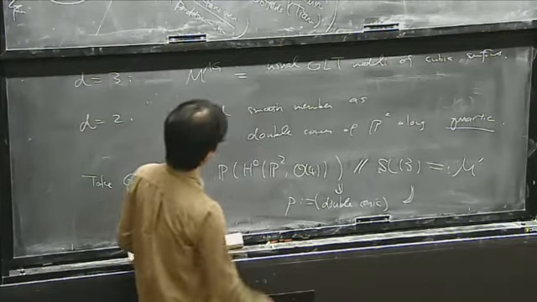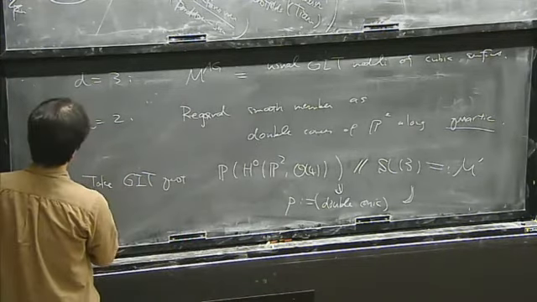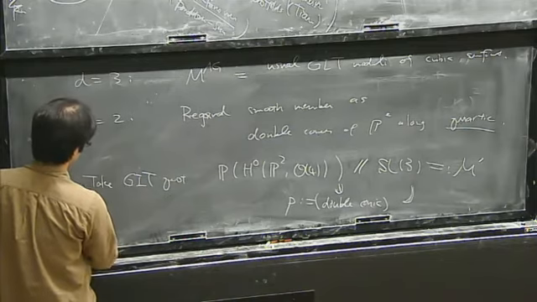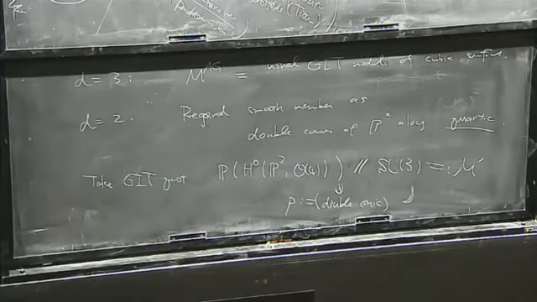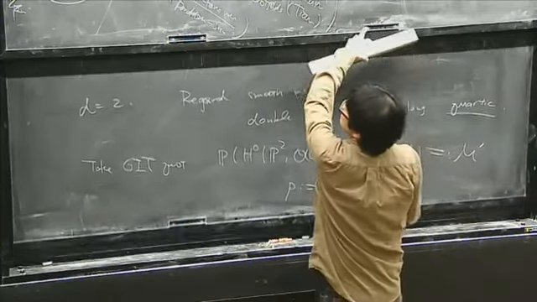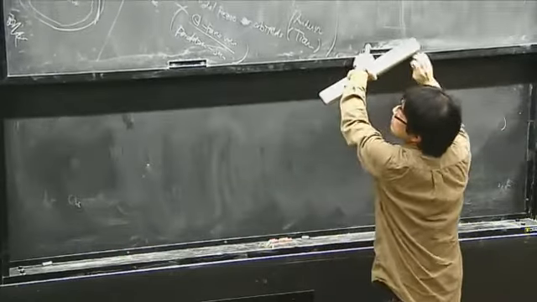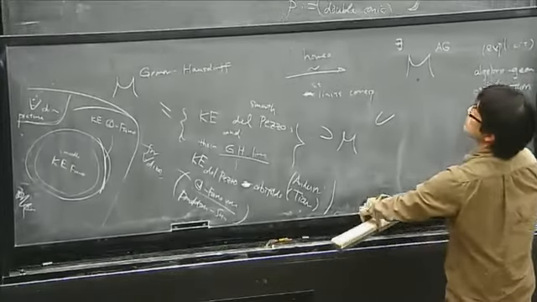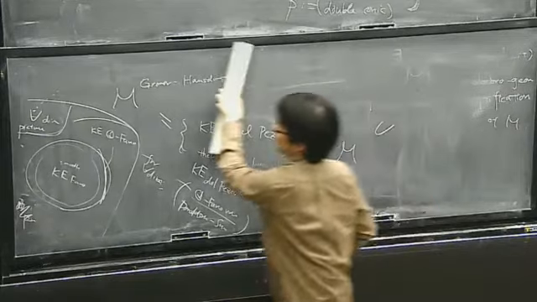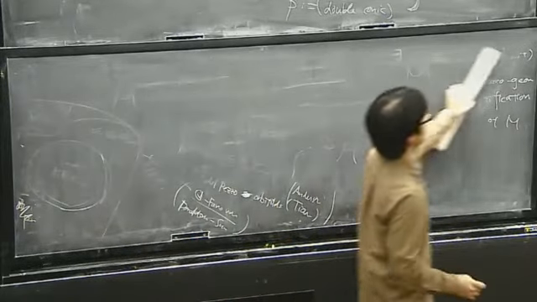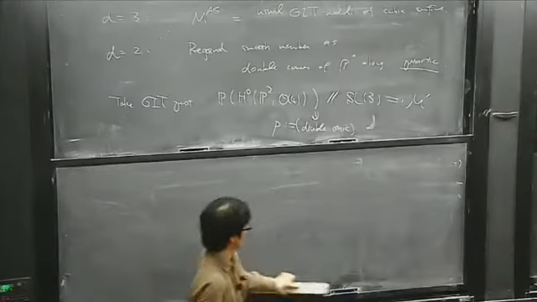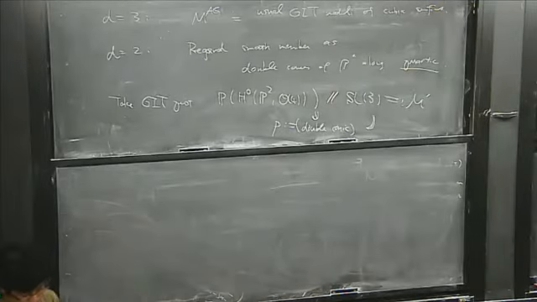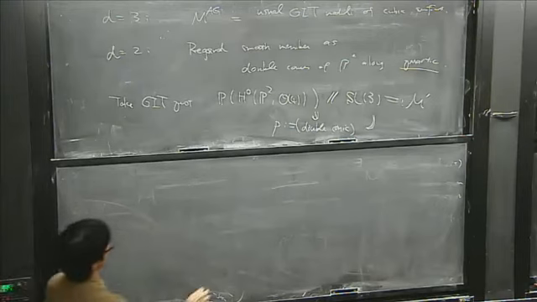And what we do is blow up this point. What I just wanted to show is that the simple way of taking the GIT quotient is not enough in general.